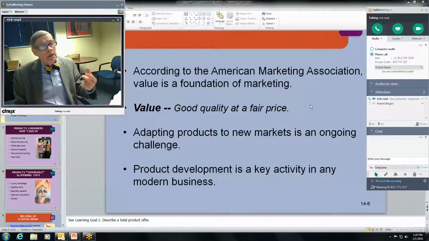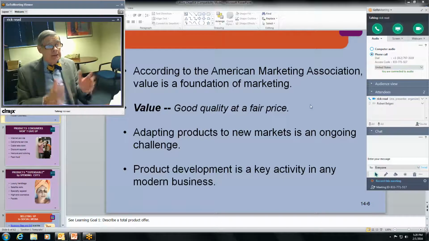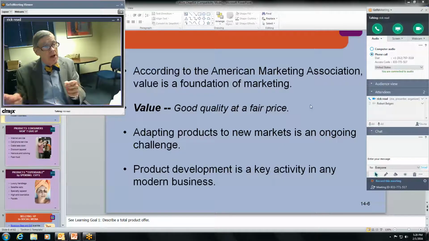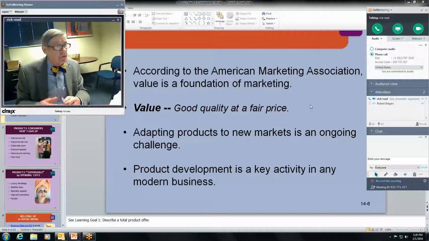So the issue I have with this definition is not so much value for a fair price, but that adjective. That adjective is going to change depending upon the customer, unless the company selling this product has such a reputation that people understand they're going to get whatever that adjective in front of the value is for the price they want to pay, and they equal each other. If that makes sense to you, I hope it does.